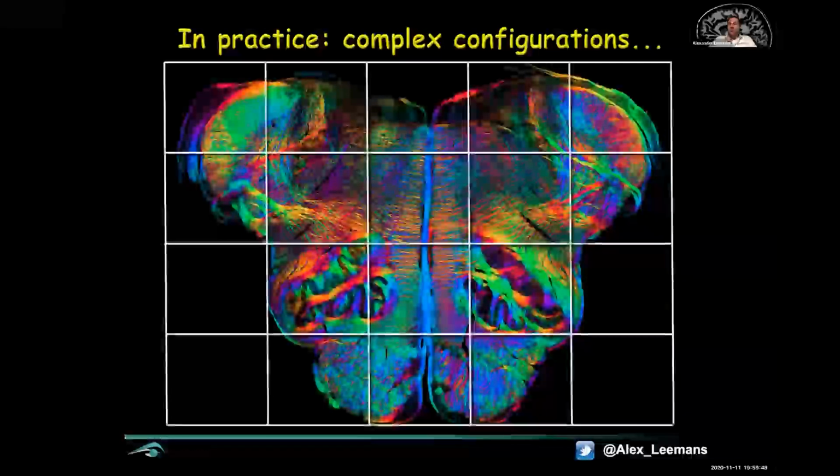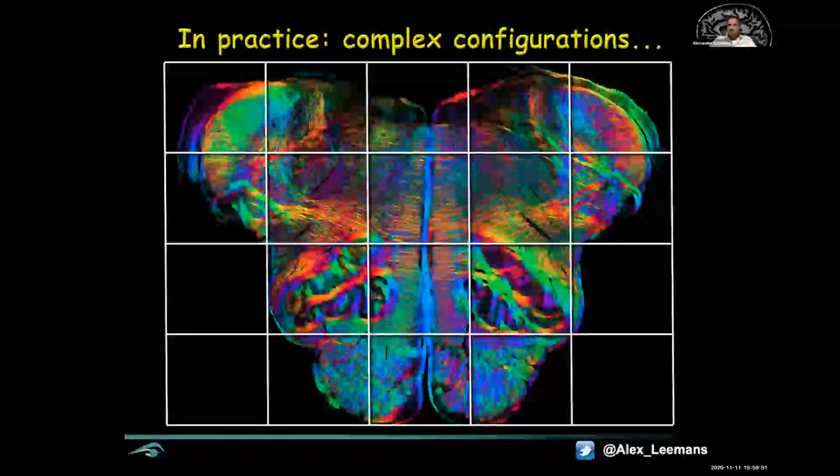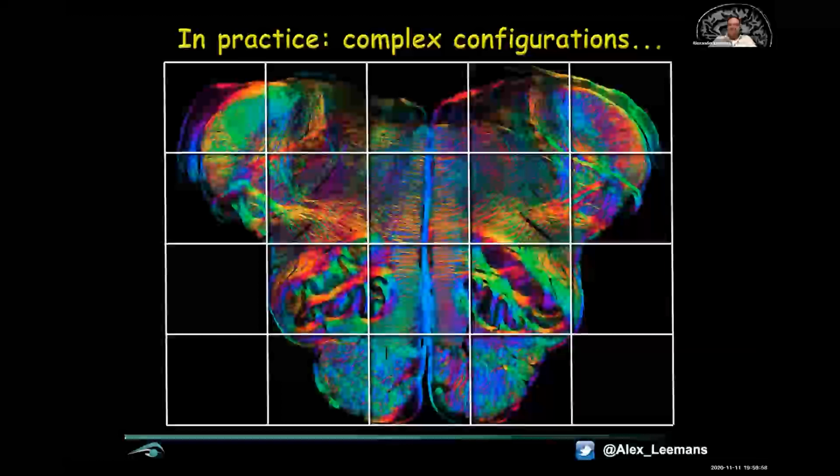So if I overlay my voxels from diffusion MRI, people laugh at us. They say, whoa, these 1 to 2 millimeter voxels, you can't take yourself seriously by thinking you can capture the orientation of the underlying pathways, right? Well, indeed, looking at this image, you can say there's clearly more than one pathway, more than one orientation of a fiber structure. How can you model that? Well, we can now start modeling these multiple orientations as well.